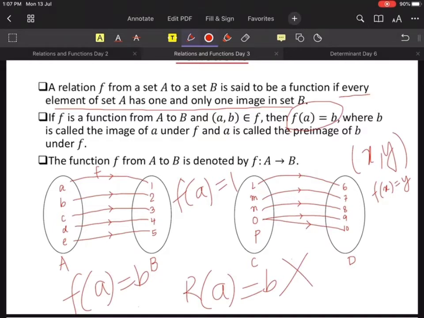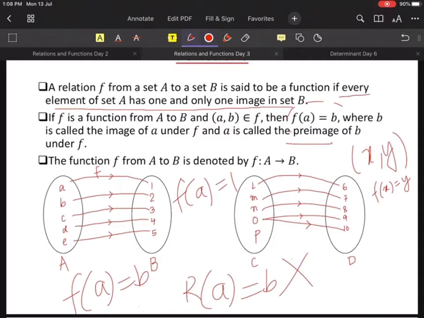So here you see f of a is equal to b, where b is called the image of a under f, where 1 is called the image of a under f. Understood? Now you learn a new thing, that is pre-image. 1 is an image of a and a is a pre-image of 1.